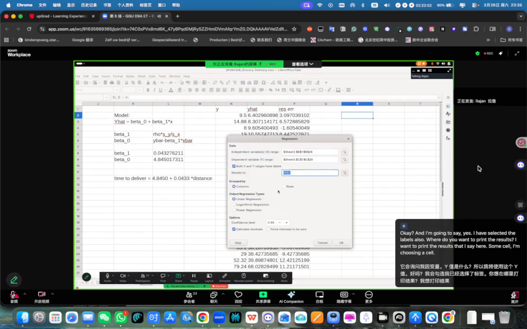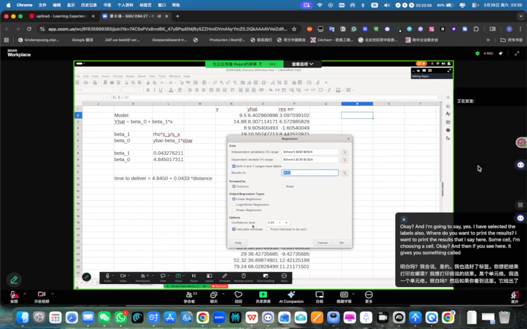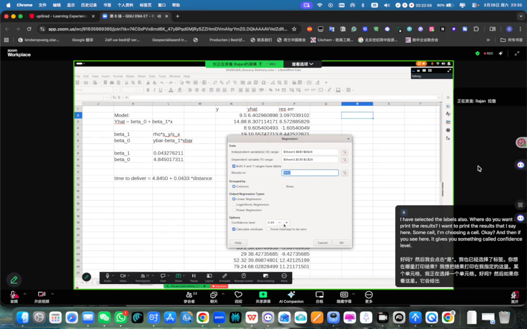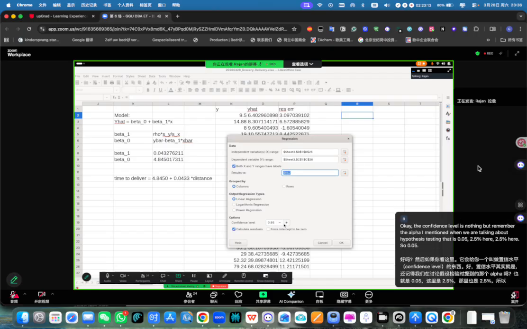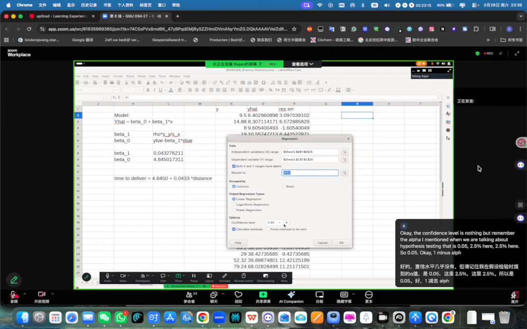Here it gives you something called confidence level. The confidence level is nothing but, remember the alpha I mentioned when we were talking about hypothesis testing, 0.05, with 2.5% here and 2.5% here. 1 minus alpha is called the confidence interval or confidence level.